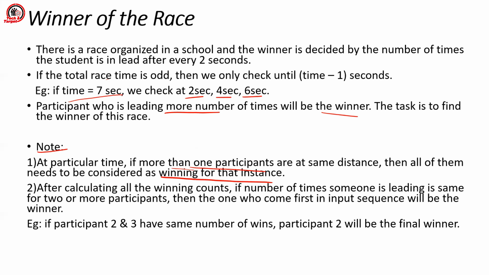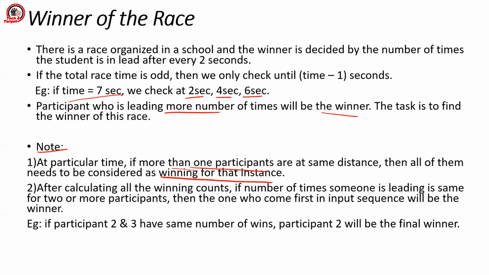They may have covered 2 meter distance each. Now, if that condition has arrived, then you have to increase the points for both the first person as well as the second person, because note 1 says that if more than one participant are at the same distance, then all of them need to be considered as winning for that moment, right?